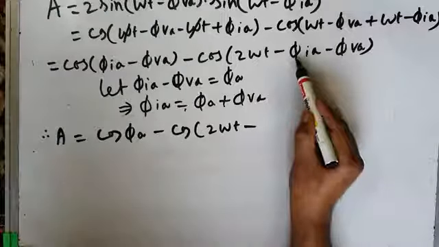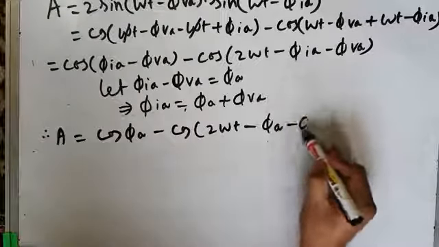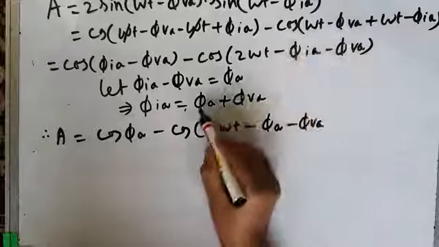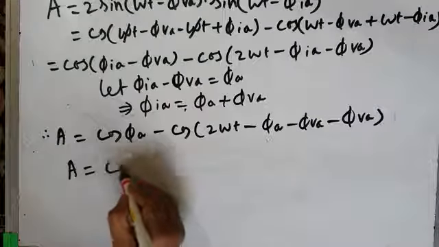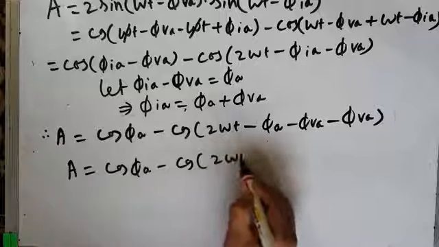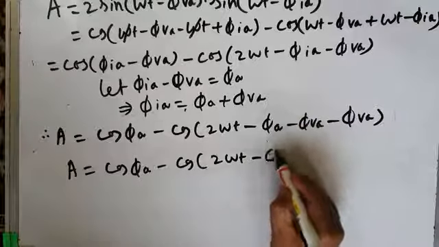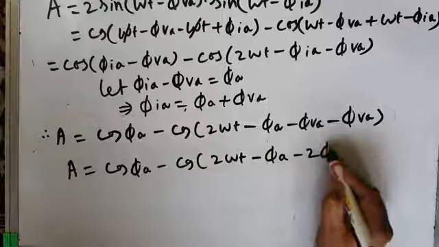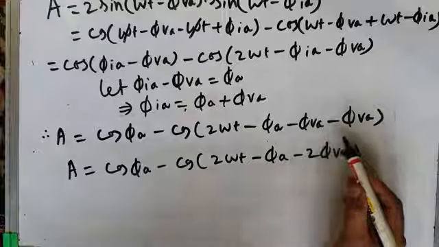By the way, what is minus phi A? Minus phi A is minus phi A minus phi VA. Because we have minus here, both these terms will become minus, and then we have our own phi VA. So therefore A will be equal to cos phi A minus cos 2 omega t minus phi A minus 2 phi VA.